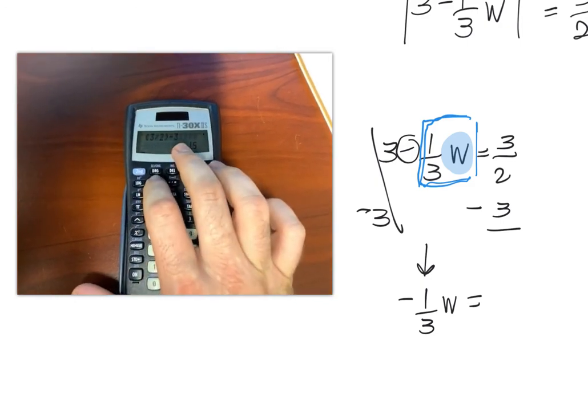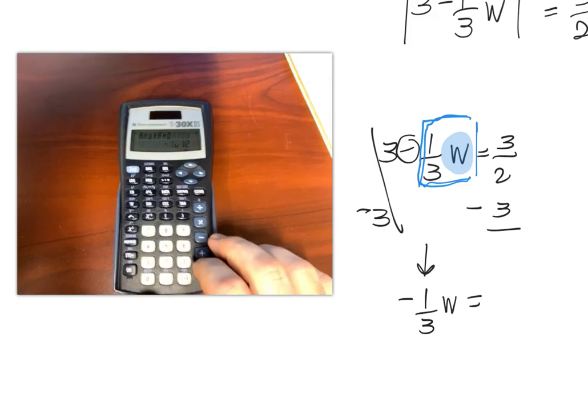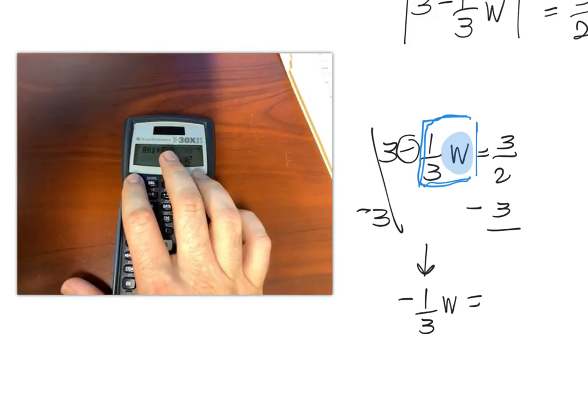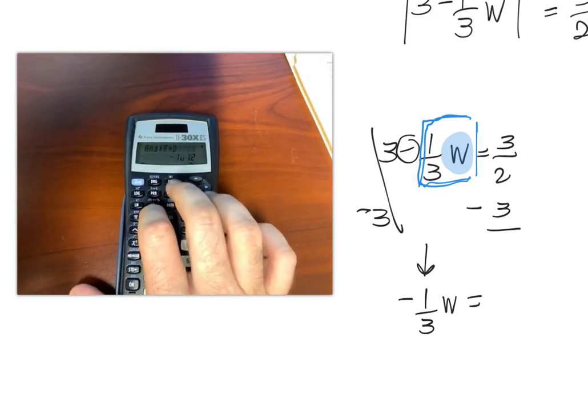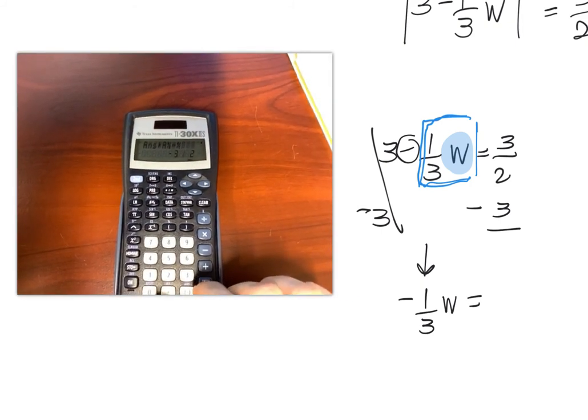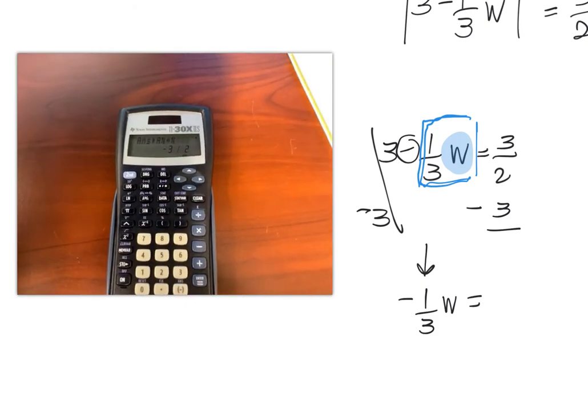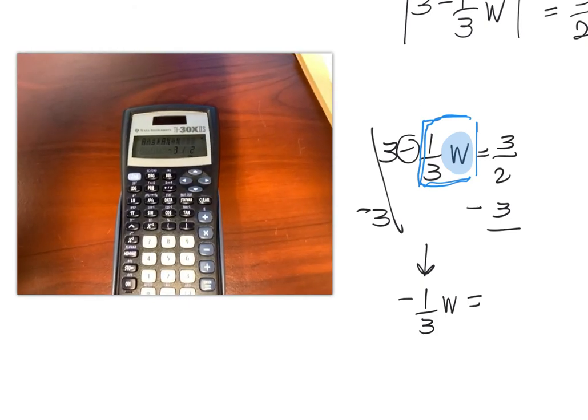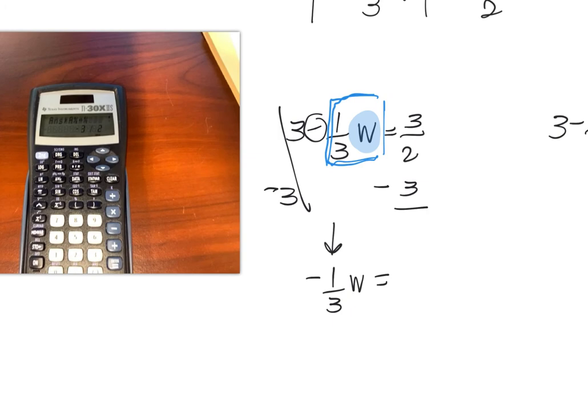Press second, FD, that gives you the negative 1.5. Press second, and the key below that, the ABC key, is what I call it. So negative 3/2. So I'll put my negative 3/2 right here.